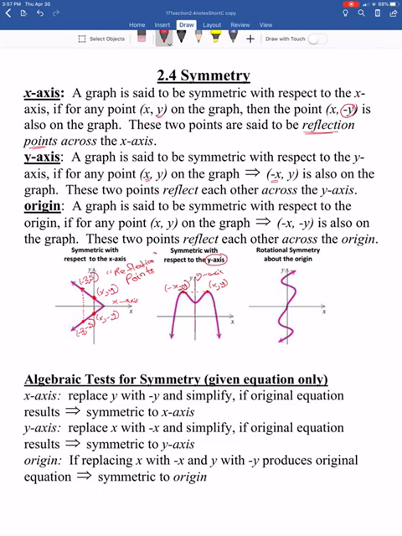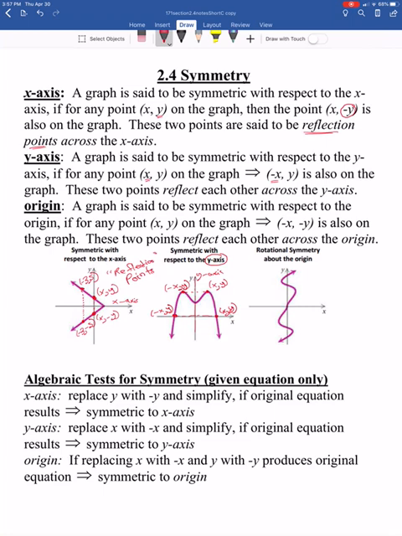Every ordered pair (x, y), we have the point (negative x, y). You can see that here with these ordered pairs, showing that reflection property. So definitely symmetric to the y-axis: every point (x, y), (negative x, y) is on there.